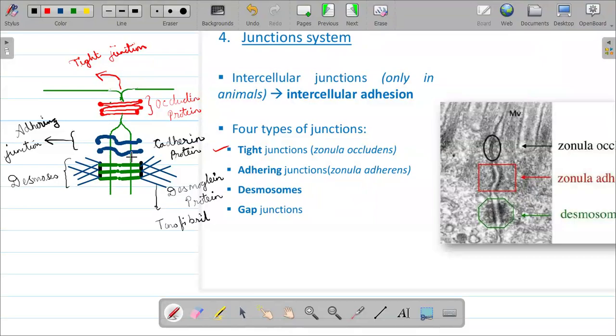Yes, sir, because between your skin cells we have desmosis with tonofibril, which gives them mechanical support and helps the cell to resist mechanical stress. And they give you the mechanical support. That is the function of desmosis.